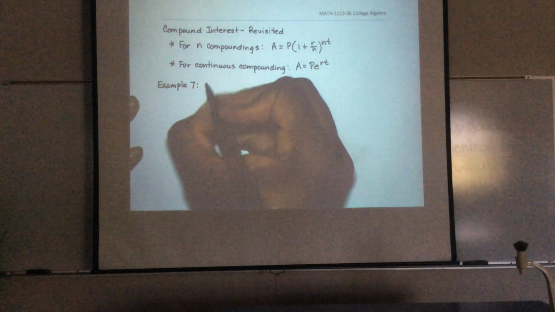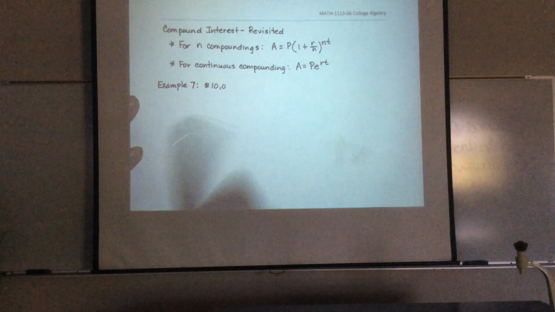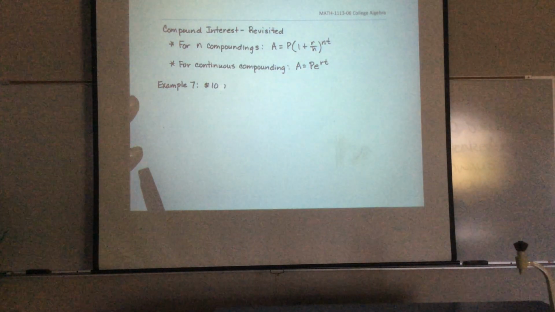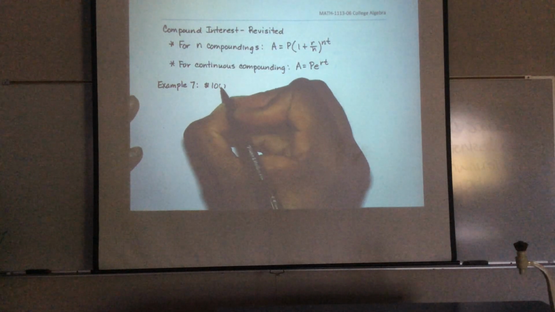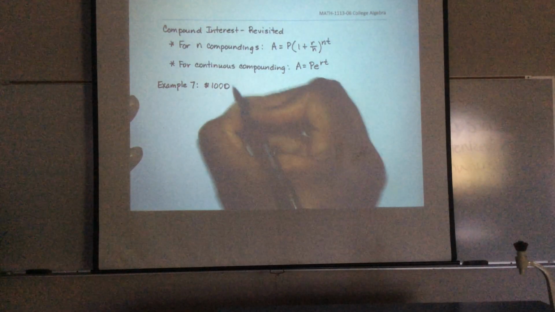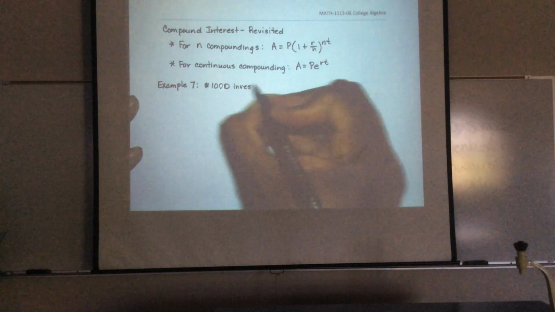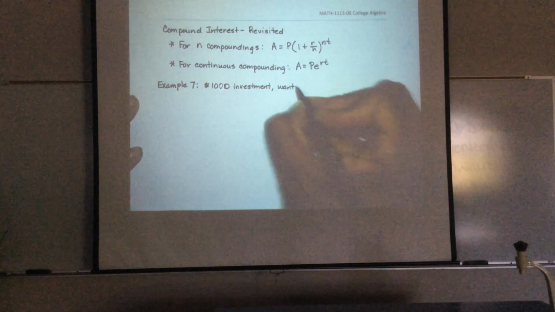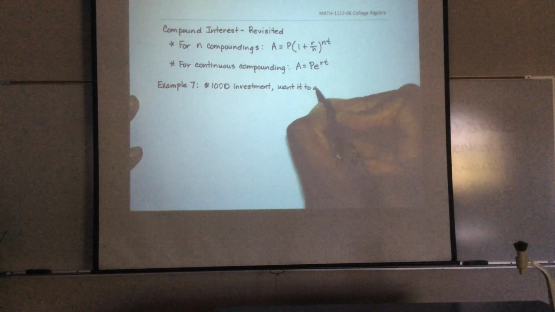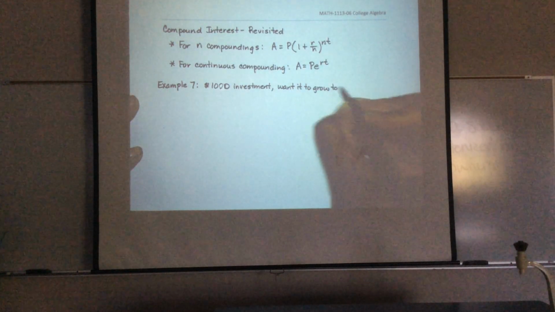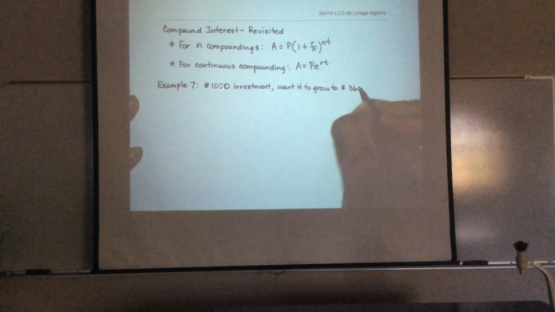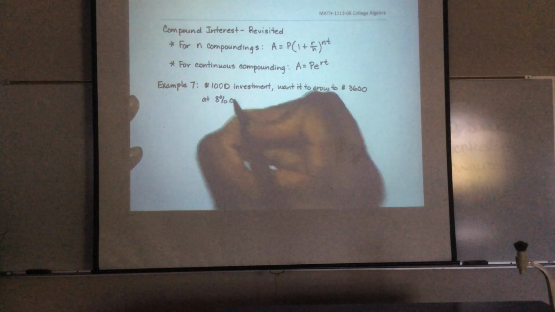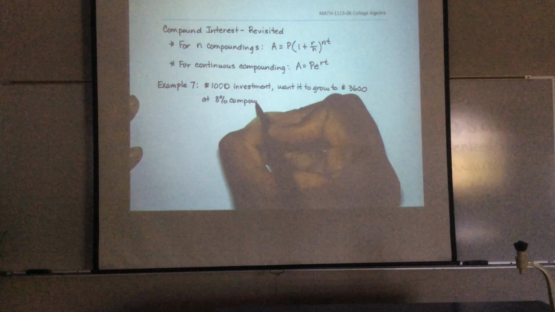Let's say you had a $1,000 investment, and you want it to grow to $3,600, and the interest rate is 8% compounded quarterly.